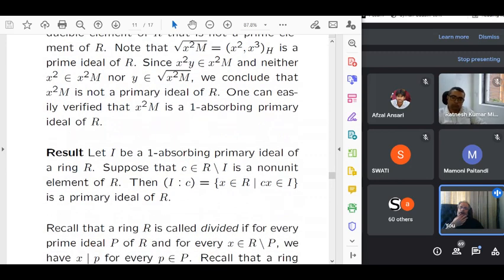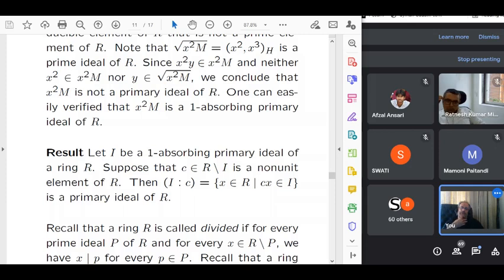Here is a nice result, a connection. In fact, if you have I to be a one absorbing primary ideal of a ring R, and you take c to be an element of R, take away I, a non-unit element of R, then you look at all the elements in this notation, the bracket I colon c.